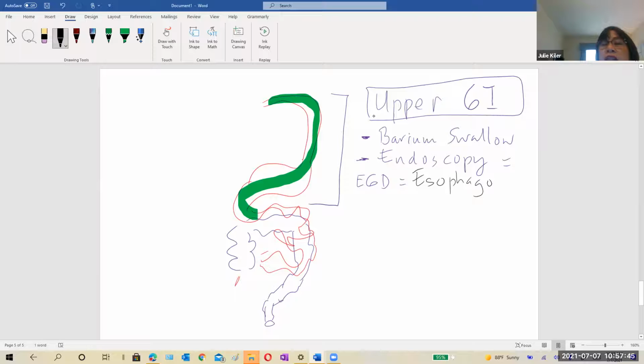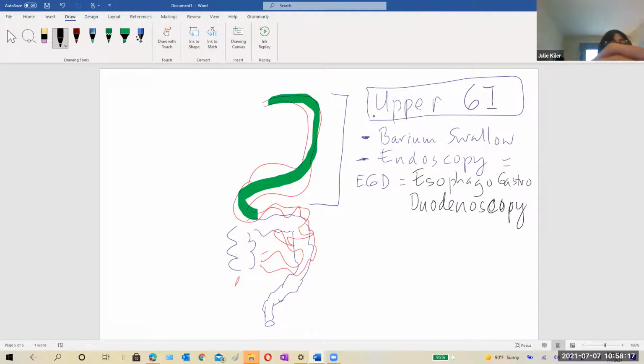And then the G, gastro. And the D, duodenum, duodenoscopy. So that's the real endoscopy. Some people say esophagogastroduodenoscopy. It's okay both ways. Are we good?